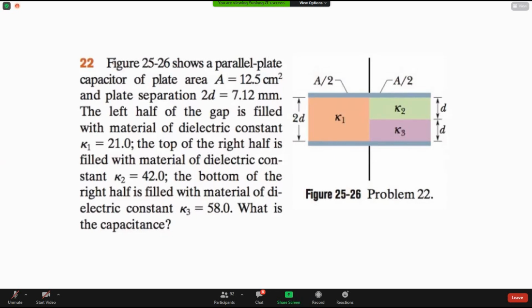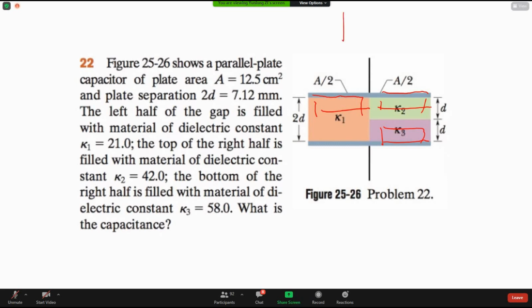Well, there are two ways to solve this problem. One way is more traditional. You can build Gauss's law for kappa 1, for kappa 2, and for kappa 3, and then list the equations including the dielectric constant.